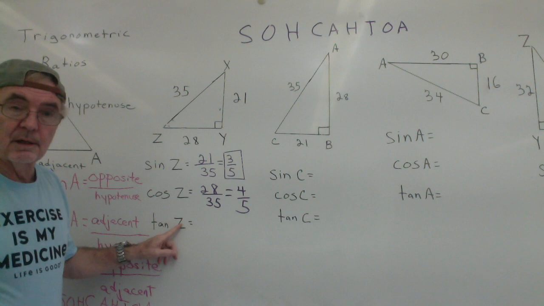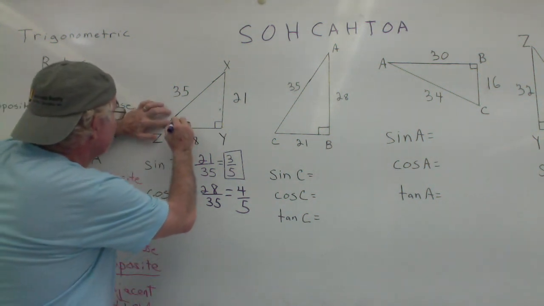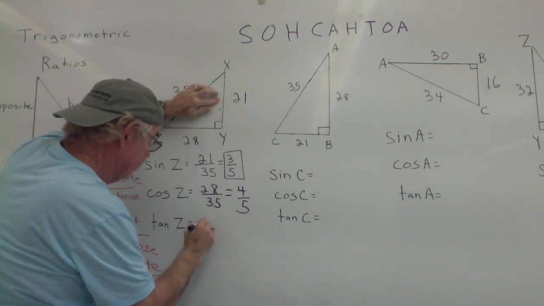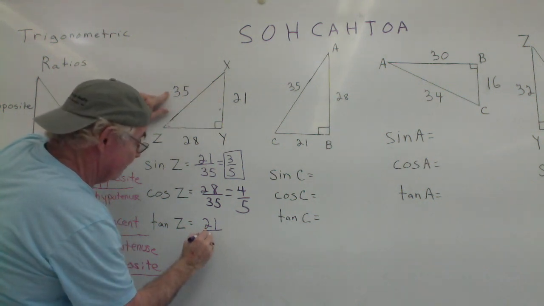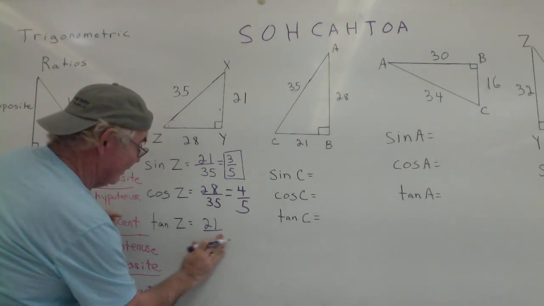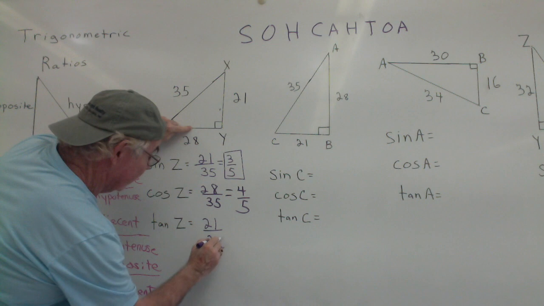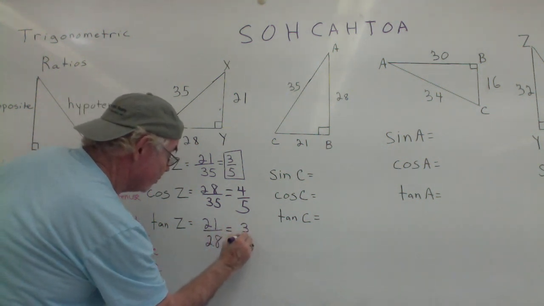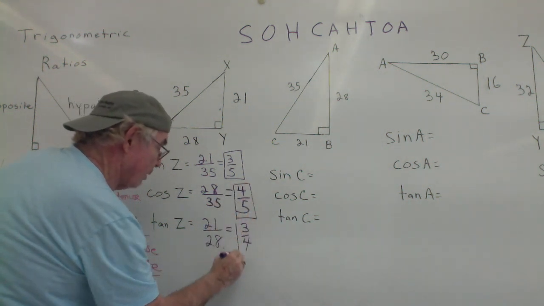And the tangent. The tangent is defined to be the opposite, 21, I'm sorry, it's the opposite over the adjacent of 28, which reduces to 3/4. So we're done with our first example.